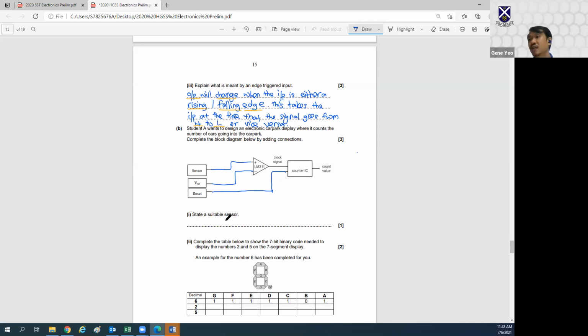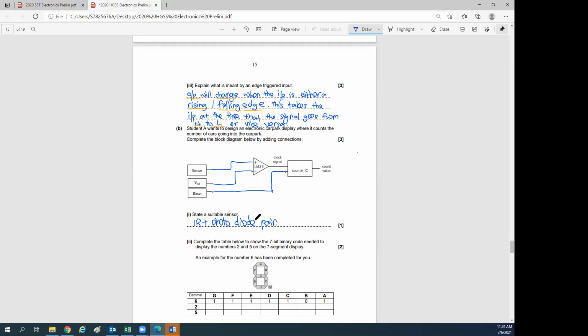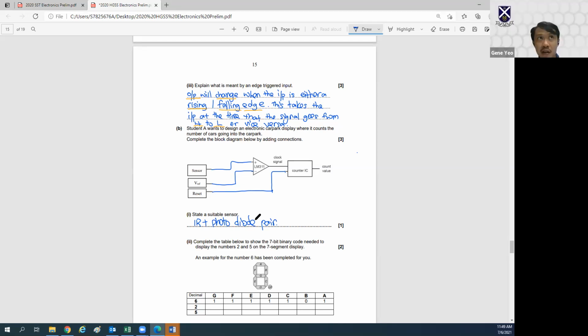State a suitable sensor. Now this one, a lot of you are using in your coursework right now. So it's the IR plus photodiode pair. Okay. Does anyone have any other answer for this suitable sensor if you just want to check it out? Sir, LDR. Light dependent resistor.